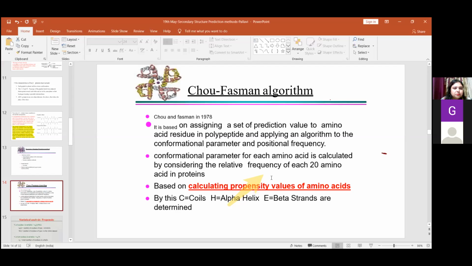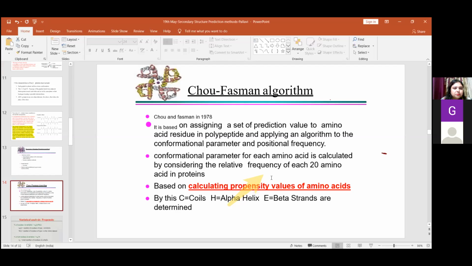Propensity value is the probability of each amino acid to be present in a particular conformation. In Chou-Fasman, we have made a matrix whereby we have assigned a propensity value to each amino acid to be in a specific secondary structure conformation.